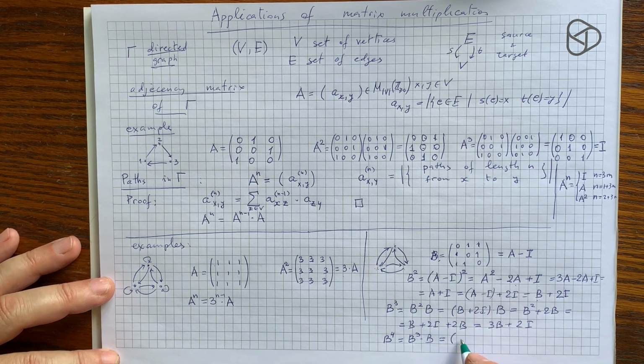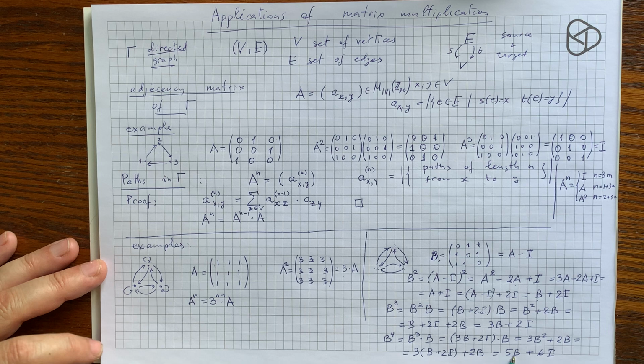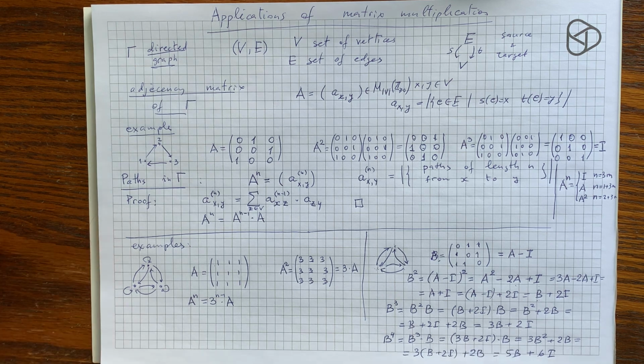The cube is 3B plus 2I, multiplying it by the adjacency matrix again, writing it as 3B squared plus 2B, expanding B squared again as B plus 2I, and adding to B, we will have 5B plus 6I. So for self paths of length 4, there are 6 for each vertex, and for 2 different vertices there will be 5.